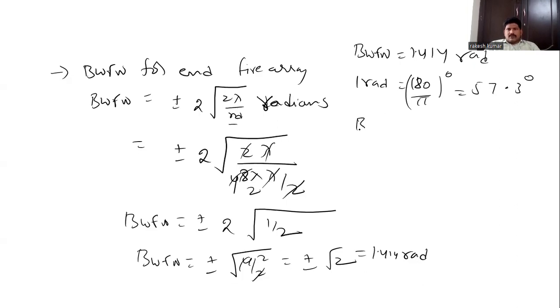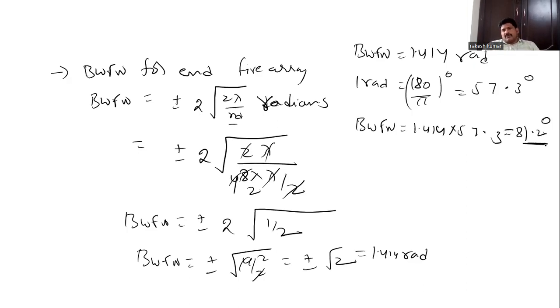Therefore, beamwidth between first nulls is equal to 1.414 into 57.3, and its value is equal to 81.2 degrees.